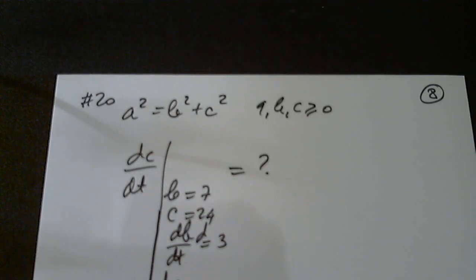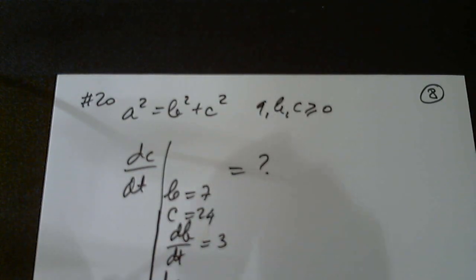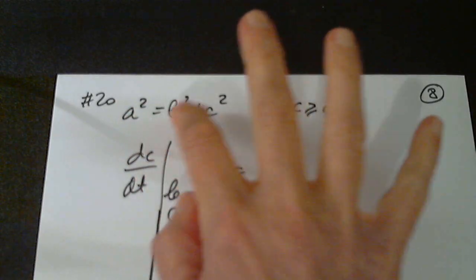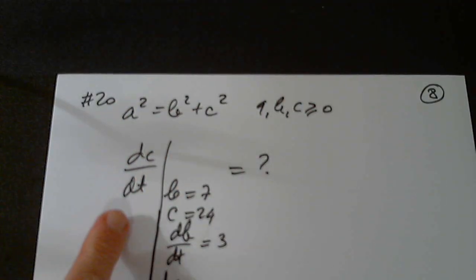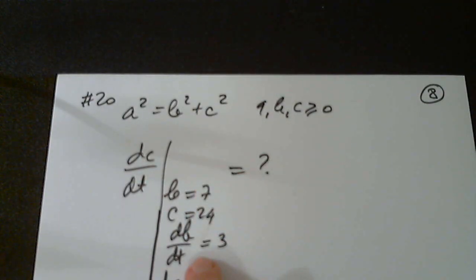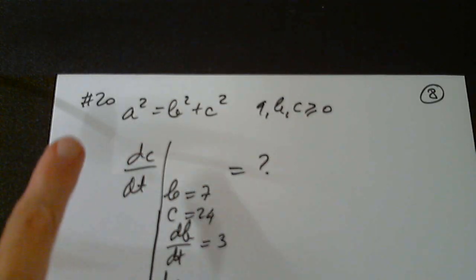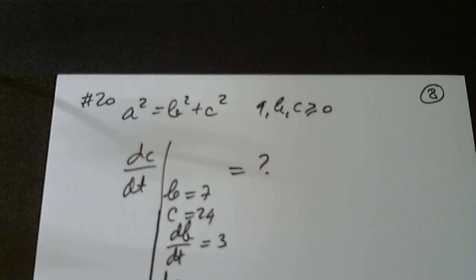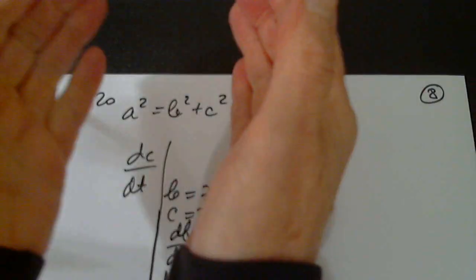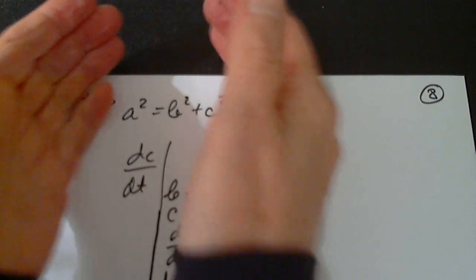Good. So the indication is very clear that a, b, and c are all functions of t. dc over dt tells me that c is a function of t. db over dt tells me that b is a function of t. And dA over dt tells me that a is a function of t. So this is the relationship among three functions.